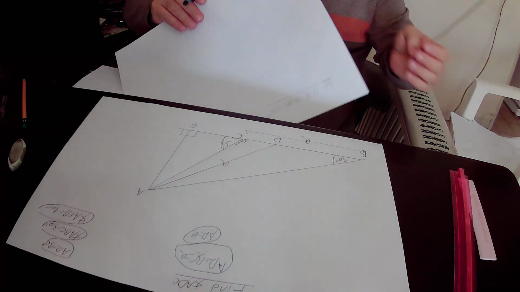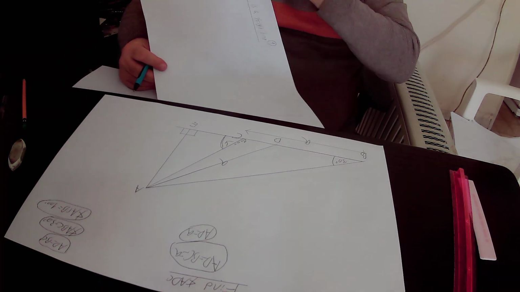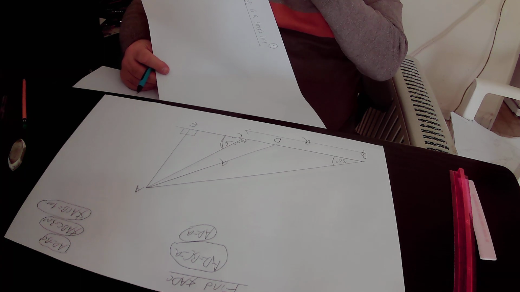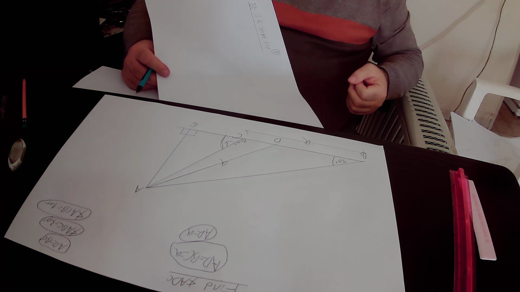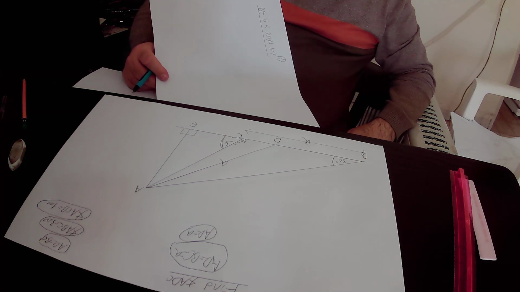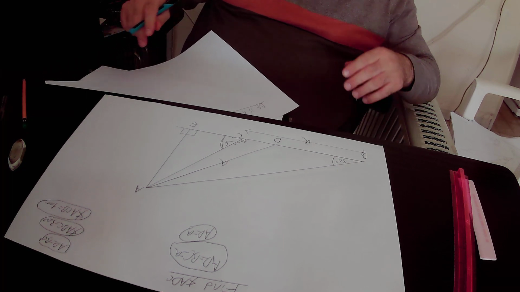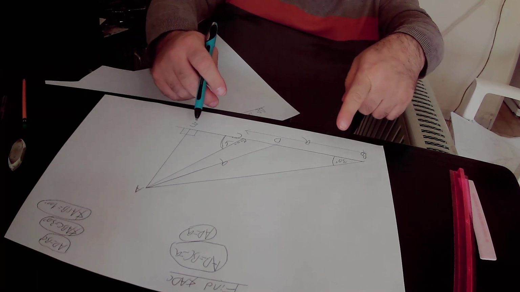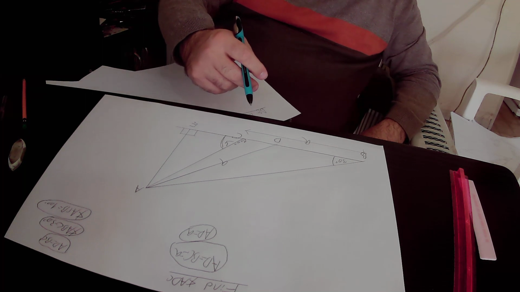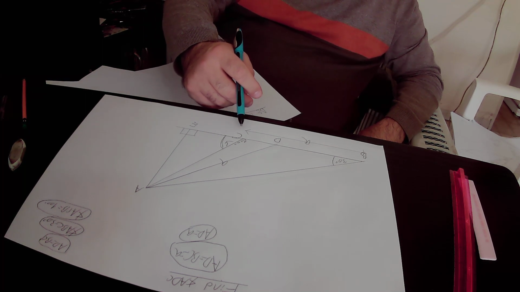And so line segment BE is a straight line, and we have the rule that the sum of the angles on one side of a straight line is equal to 180 degrees. So if you focus on the upper side of the straight line BE at point C, the sum of the angles must be equal to 180 degrees.